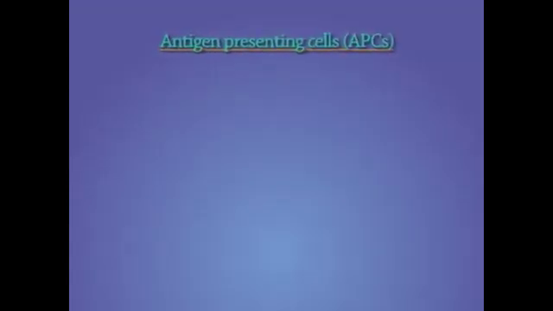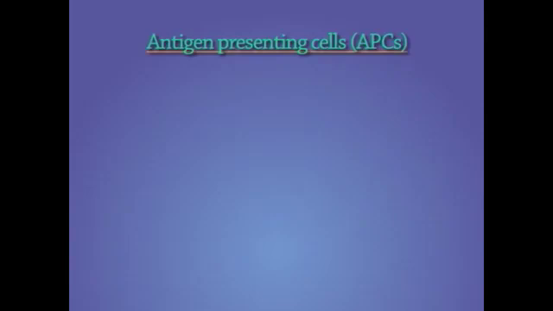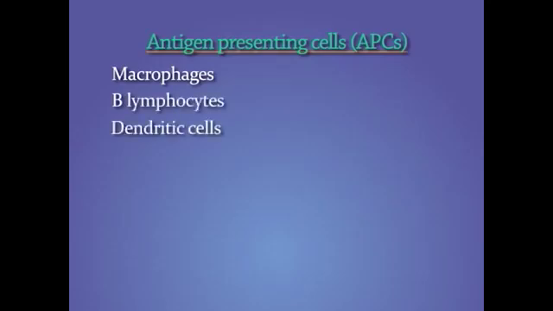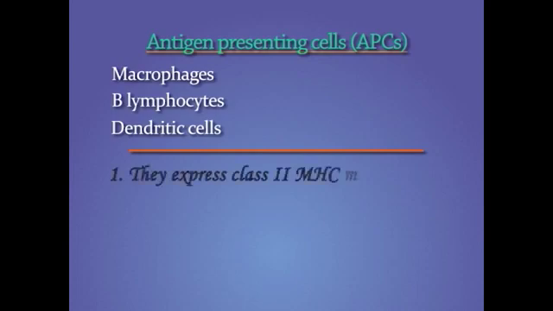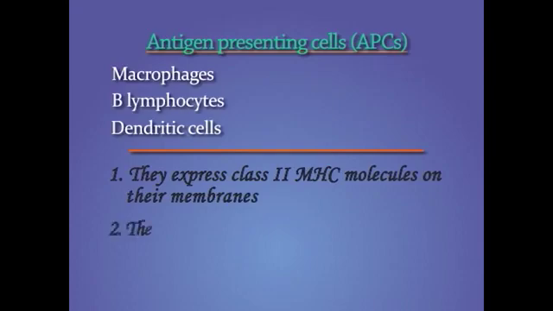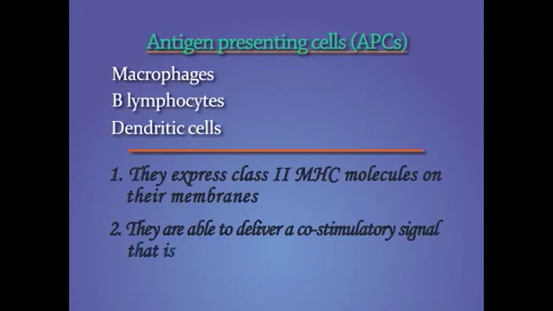Antigen presenting cells, or APCs, are specialized cells which include macrophages, B lymphocytes, and dendritic cells. They are distinguished by two properties. One, they express class II MHC molecules on their membrane, and two, they are able to deliver a co-stimulatory signal that is necessary for T helper cell activation.